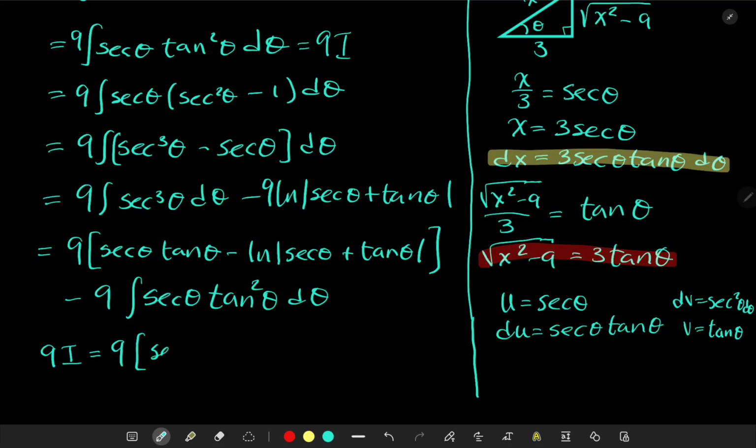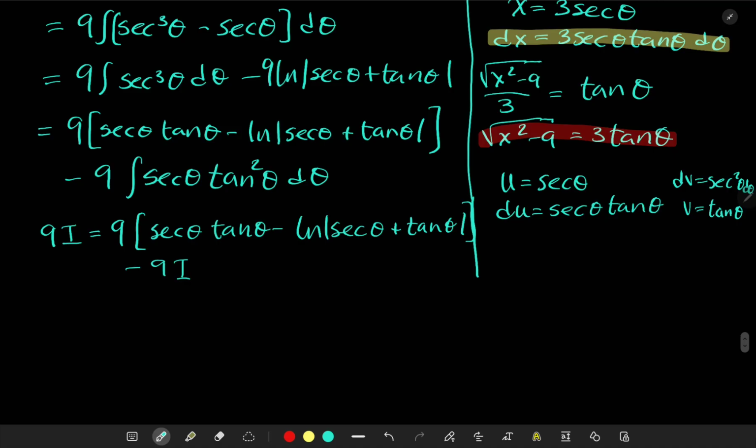Secant tangent minus the natural log of secant plus tangent minus 9I. So what I can do then, I can add 9I on both sides and get that 18I is going to be 9 times this whole thing again.